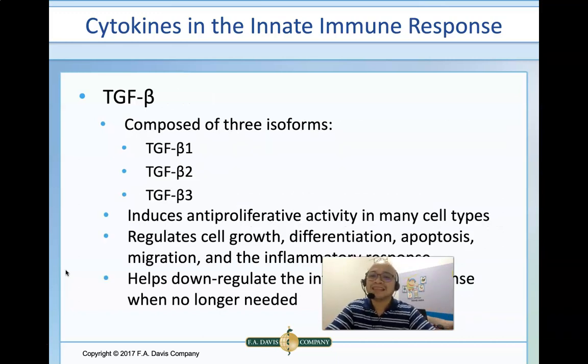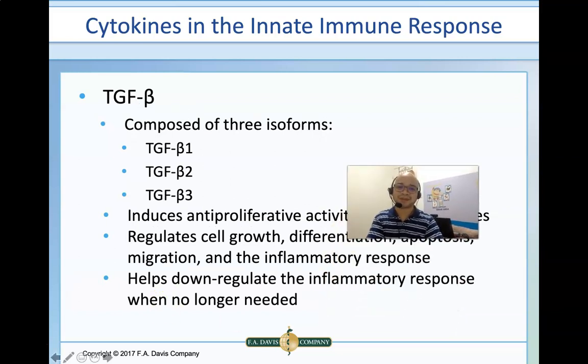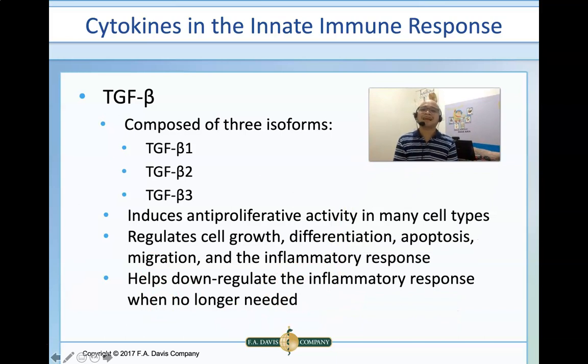Okay, and then let's talk about the TGF beta, transforming growth factor beta, composed of three isoforms, beta 1, beta 2, and beta 3. So these particular cytokines will induce anti-proliferative activity in many cell types. So, anti-proliferation.